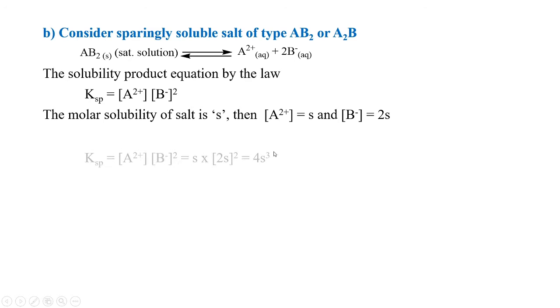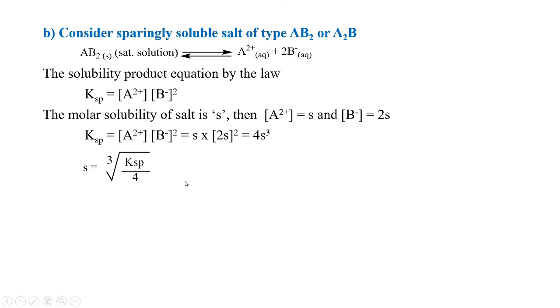So Ksp is equal to S into (2S) squared, which is equal to 4S cube. So the solubility of the salt S is equal to the cube root of Ksp upon 4.